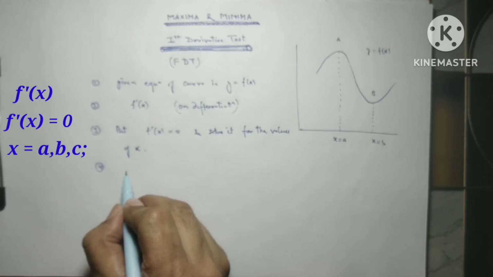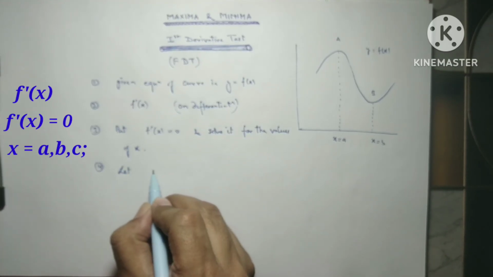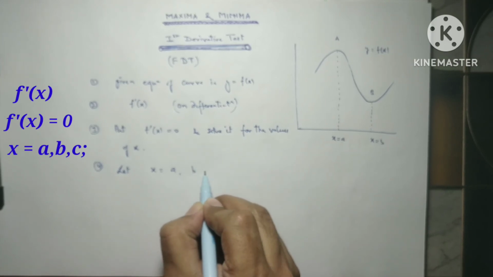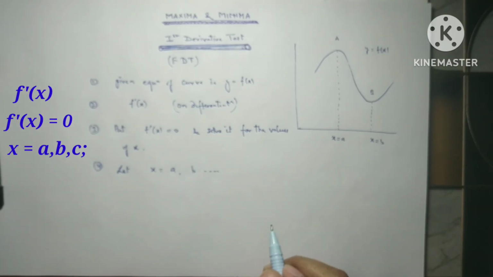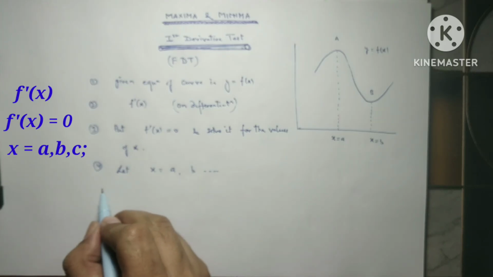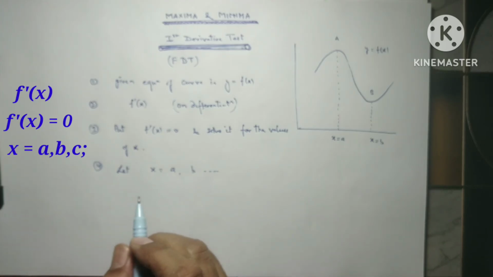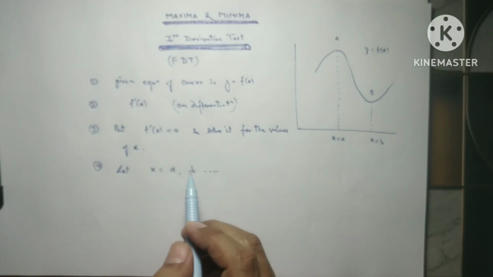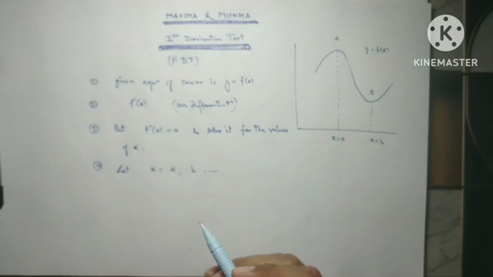Let us consider we get the values of x just like a, b, etc. And we want to check on these values what is the position of the curve. Is it maxima or minima?